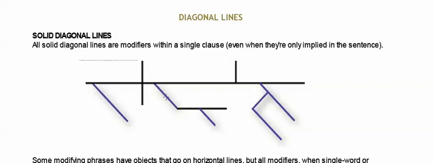And this would be an example of where we would put an indirect object, for example, or a prepositional phrase would hang down off of the verb if it's modifying the verb. If we were modifying our object, we would have a diagonal line, and if we had an adverb modifying that adjective, we would hang it off like this, kind of like an L that's upside down and backwards, spinning through space.